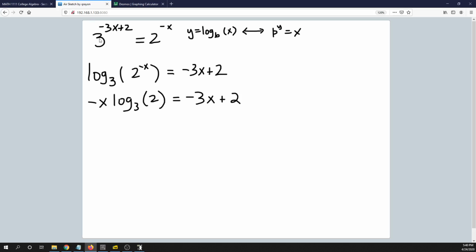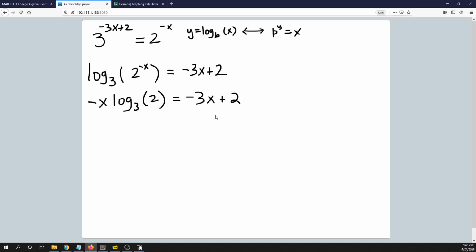And so that's exactly what I'm doing. I'm using the property of logs, that third property, which we refer to as the power rule, that says if I have the log of something and the entire inside is raised to a power, then that power can come down out in front of the log, okay?